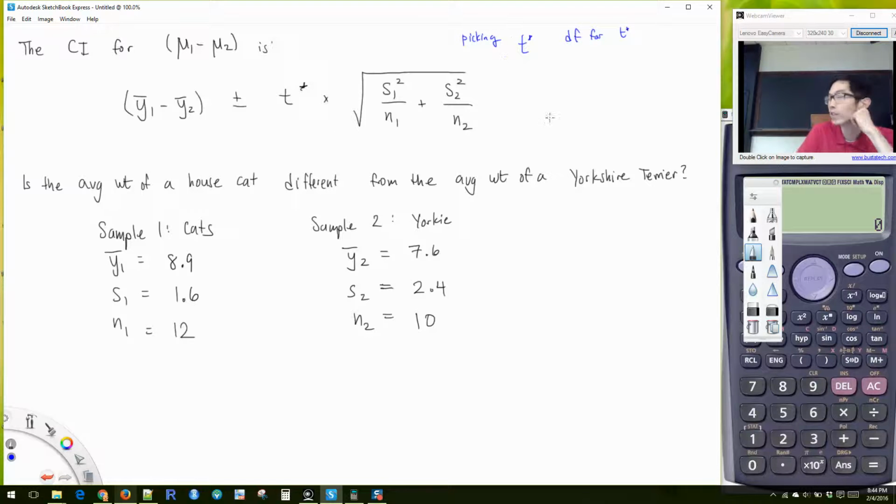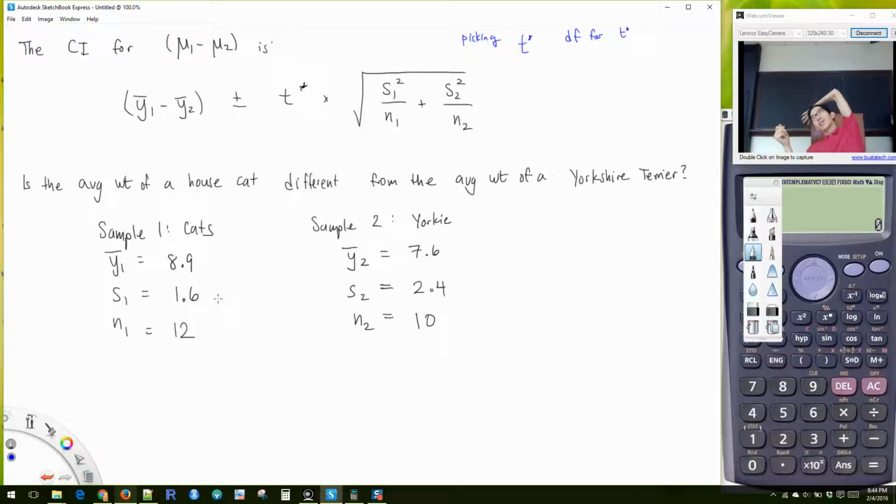So there is a formula for getting T star, and it's quite complicated. And even that formula is actually an approximation, because when we are dealing with samples that have different standard deviations, things get complicated.